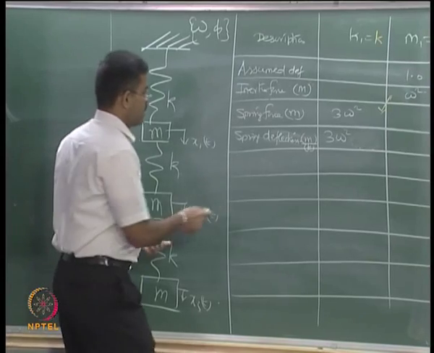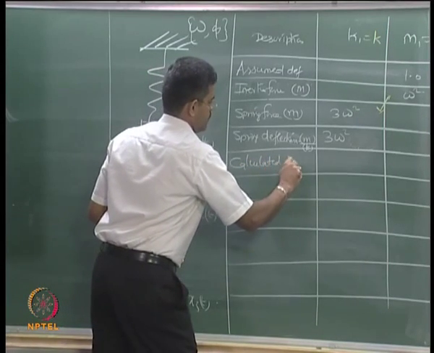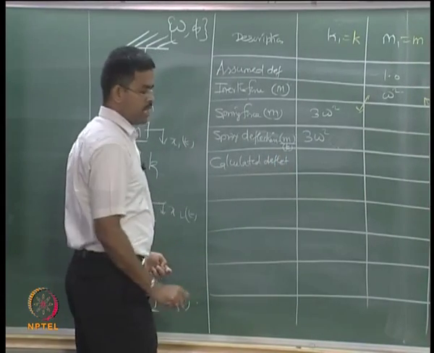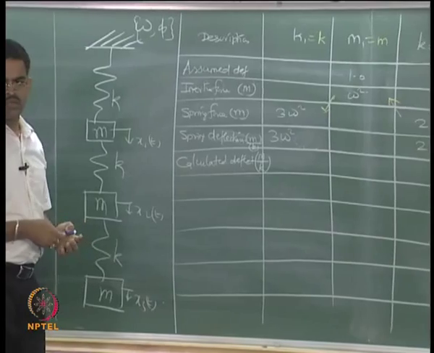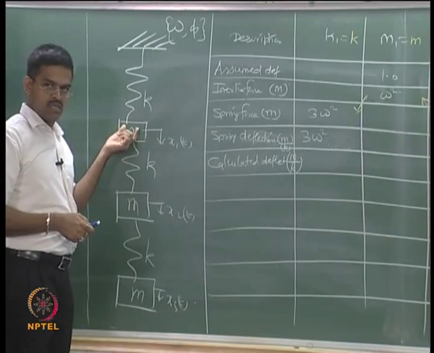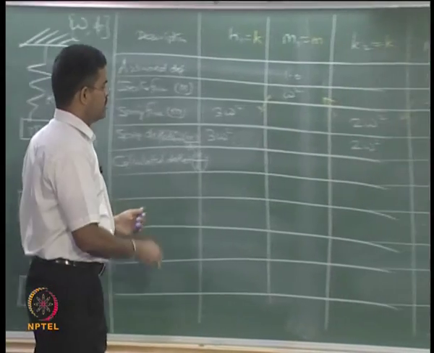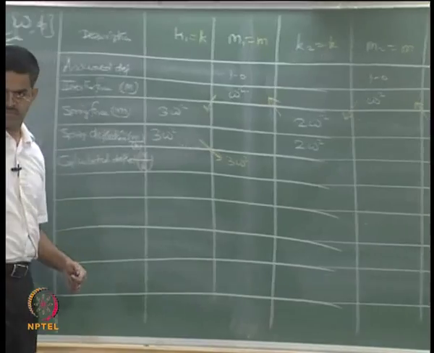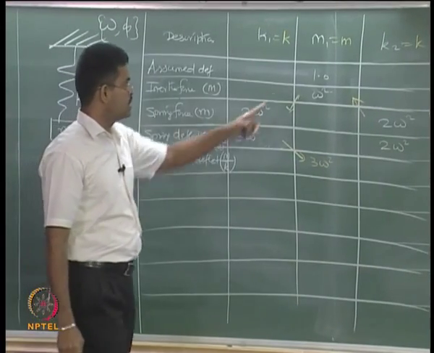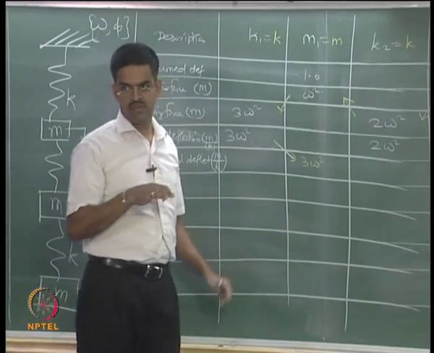Once I get this, I work out what is called calculated deflection. Again there is a multiplier of m by k here. Now the deflection of this part will add to this, subsequently will add to this. So start from here, this is going to be 3 omega square. I am entering these deflections at the mass points now, because these are the points where the deflection actually will occur.